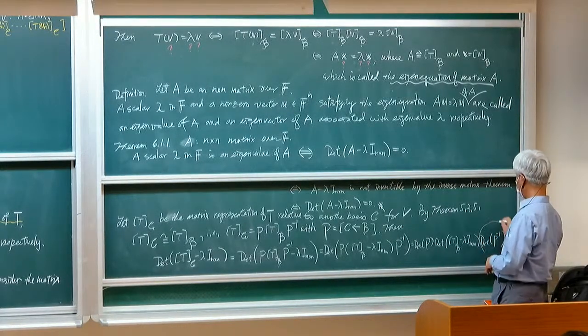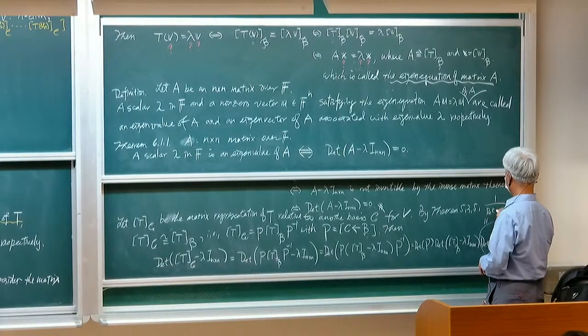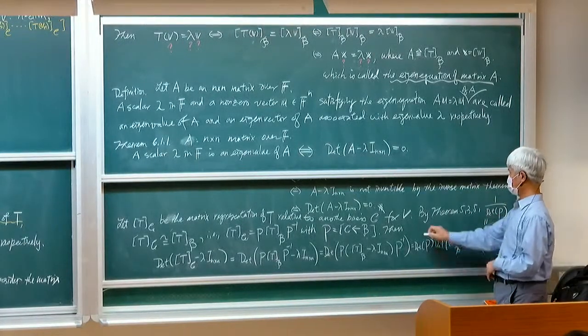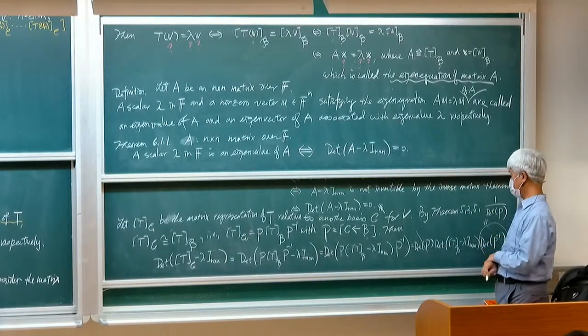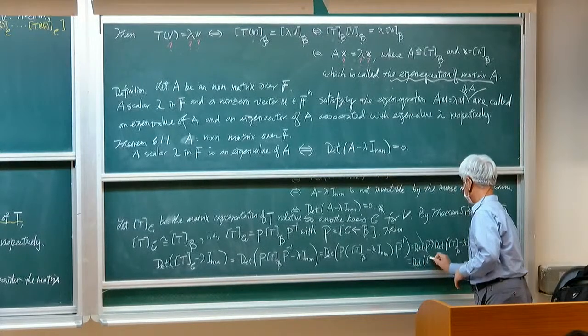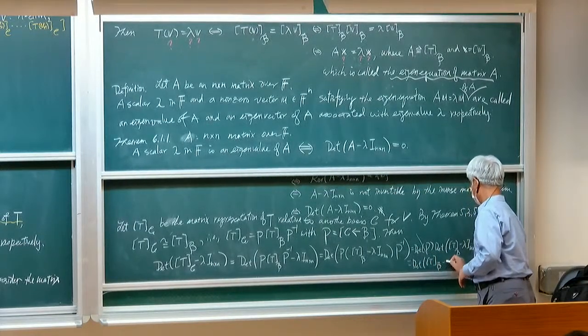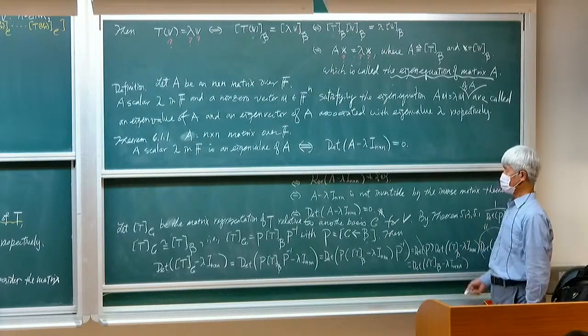But this one is 1 over the determinant of P. So you can cancel them to be 1, and you get the determinant of the other matrix. All right.